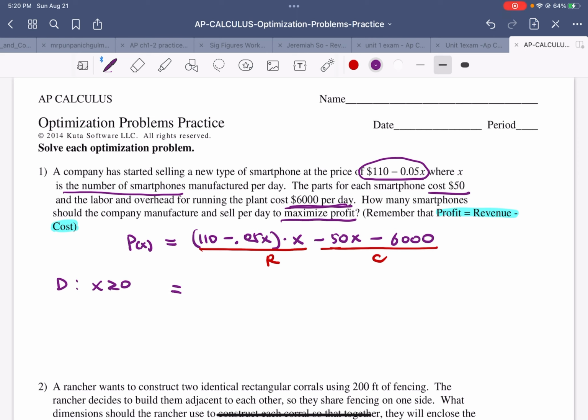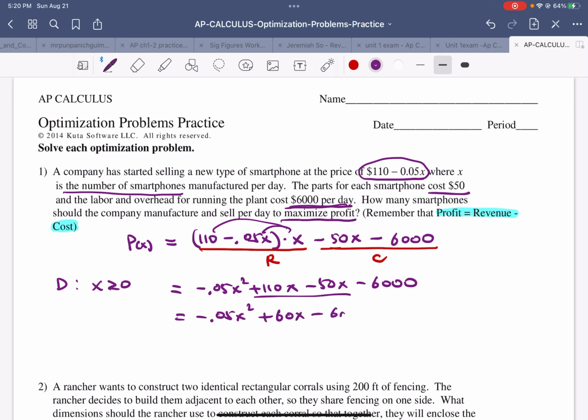So when you simplify, negative 0.05x squared plus 110x when you distribute this, minus 50x minus 6,000. Now when you collect them here, negative 0.05x squared plus 60x minus 6,000. So to find the maximum or minimum, you always have to take a derivative to find the critical value.